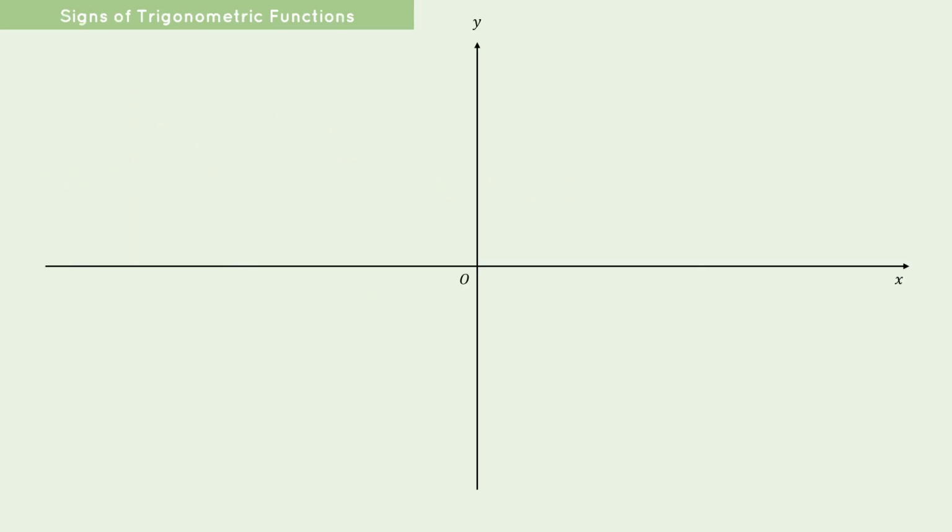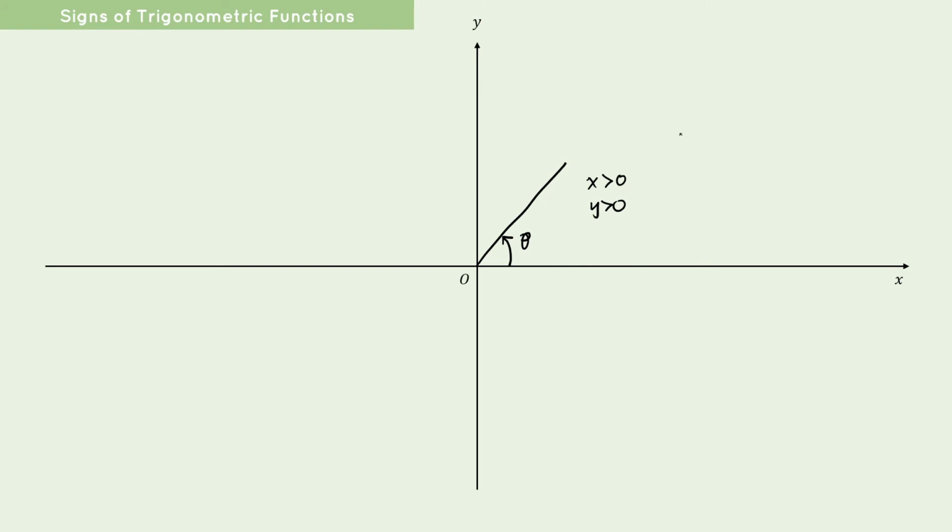So let's consider the signs of our trigonometric functions in all 4 quadrants. Consider theta. Let's say this angle is in the first quadrant. We can see that the x value is positive and the y value is positive.